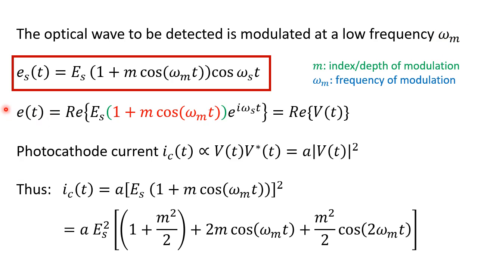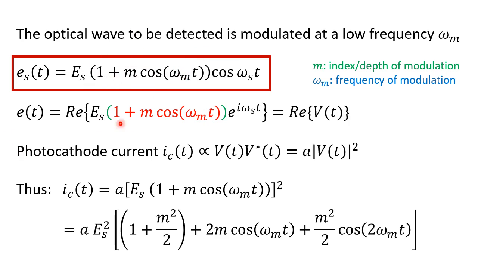So what happens now is that the amplitude of my signal, which was Es cosine omega s t, gets modulated, right? M becomes my depth of modulation, omega m is that low frequency modulation. So my amplitude itself gets modulated in this manner when it falls on the detector.